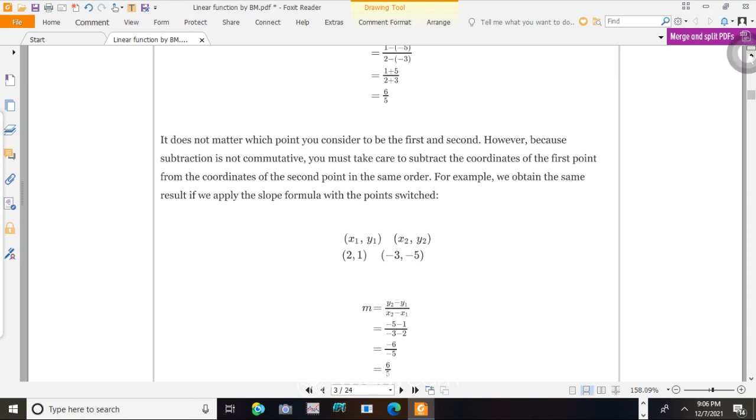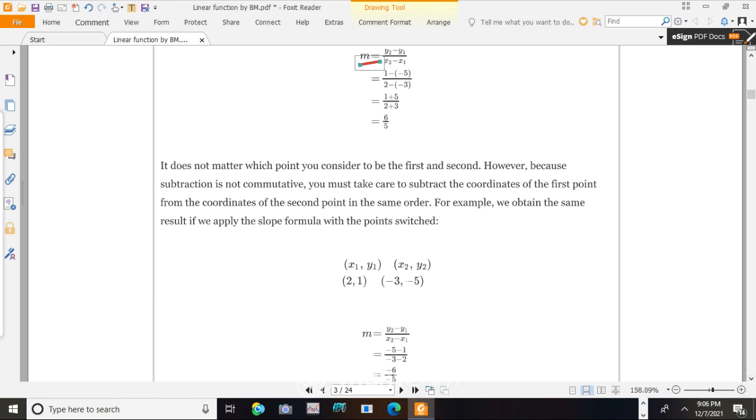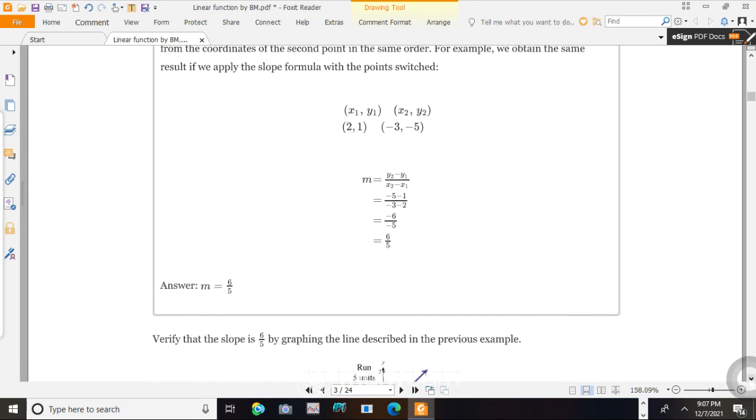Here, first y2 is this one, (2, 1), and then y2 is changed to (-3, -5). The result is the same. Changing the position of the points as a whole doesn't affect the result, but the problem arises if you mix up x2 and x1.